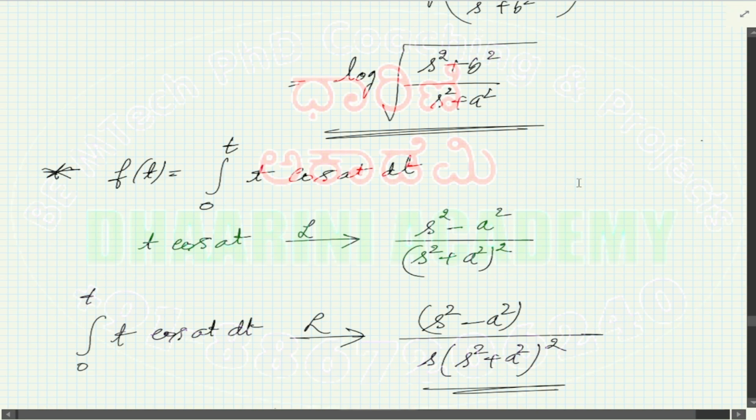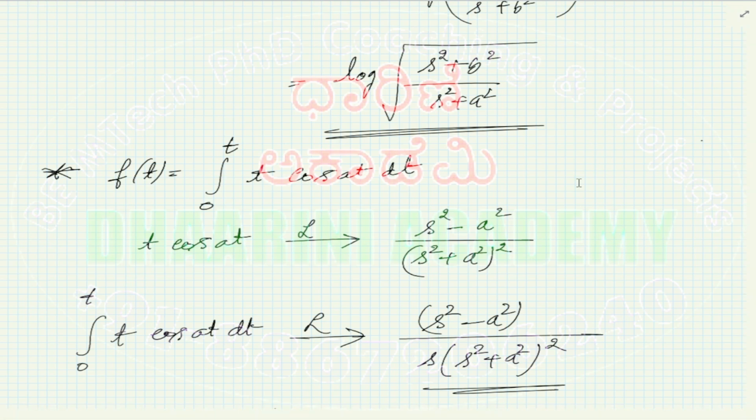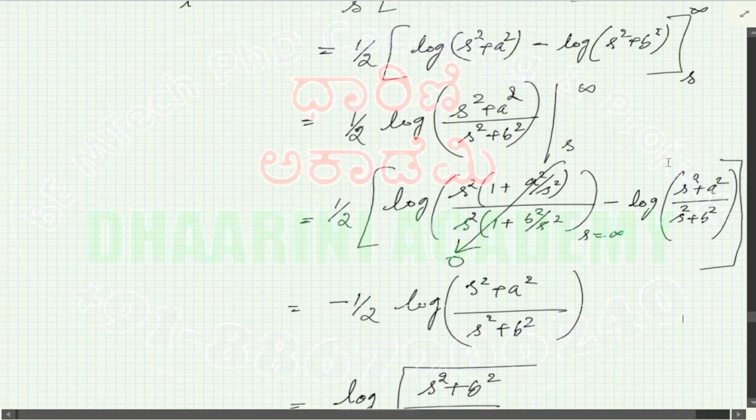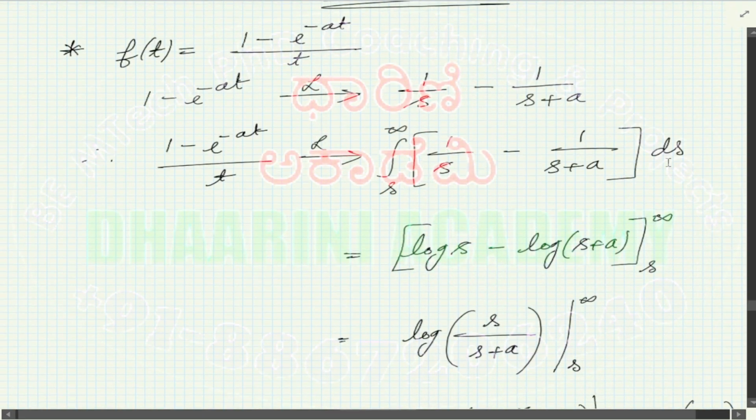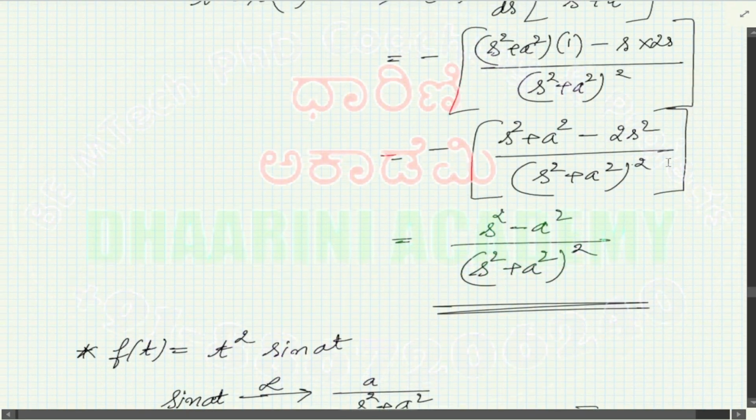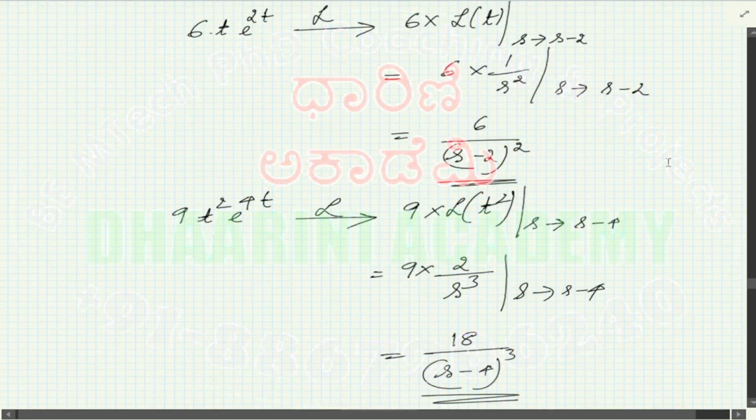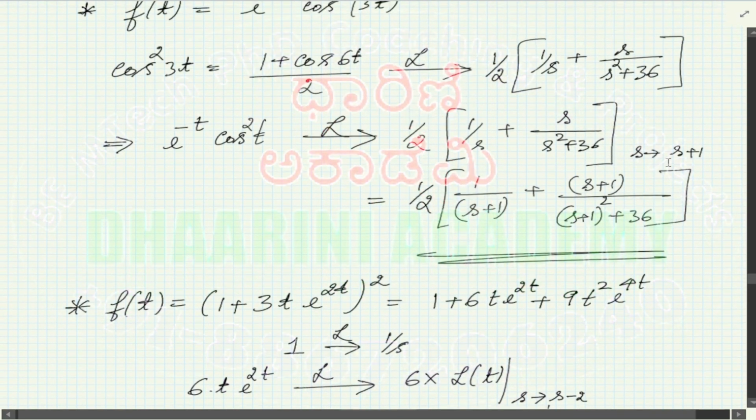No, no, no. Integration with respect to time makes something else on the s domain, right? Both sides you never see any integration, right? We'll go back. We'll check. We are doing zero integration f of t dt.